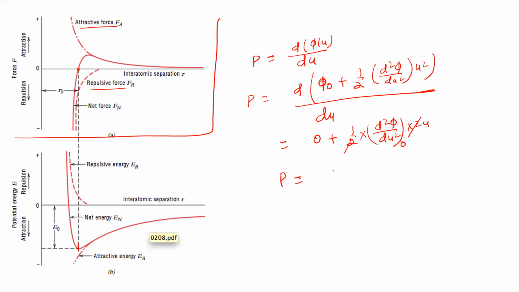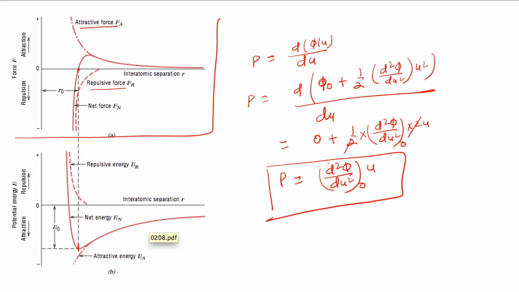So we can write p is equal to d2 phi by du square at u equal to 0, then times u, right? And this term will be a constant term, right?